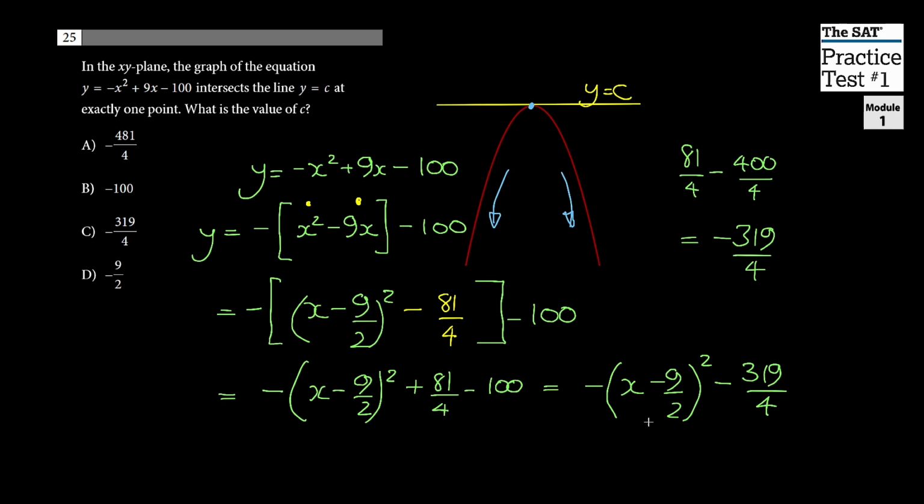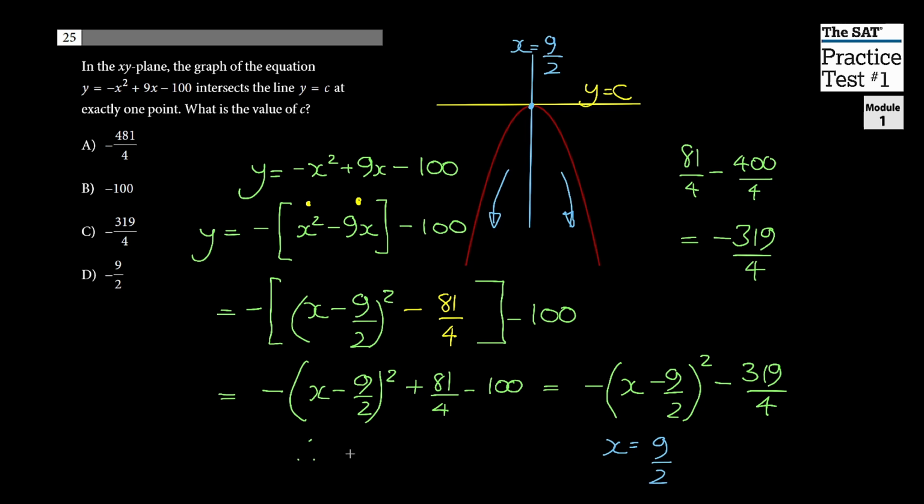The only time it can't pull the value of the curve down is when this bracket itself equals 0. And that happens when x is equal to 9 over 2. So we now know this point, even though we don't need to know it, is 9 over 2. X is equal to 9 over 2 when the quadratic reaches its maximum.